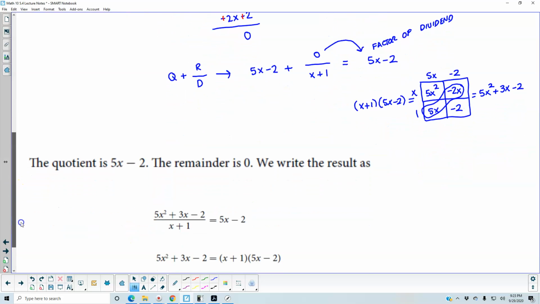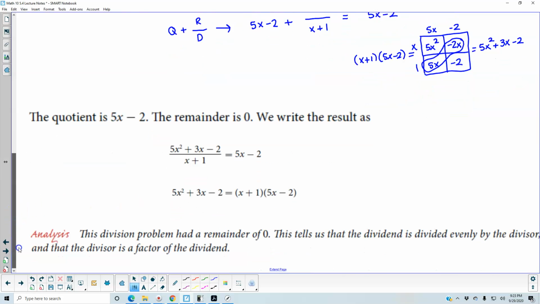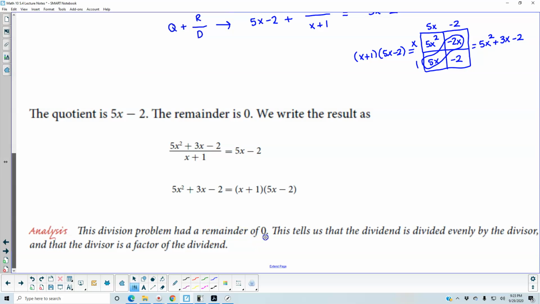So we can write the result as 5x minus 2, or we can multiply both sides by x plus 1, and that means it equals x plus 1 times 5x minus 2. This division problem had a remainder of 0, which tells us that the dividend is divided evenly by the divisor, and that the divisor is a factor of the dividend.